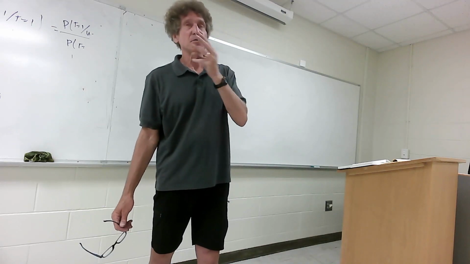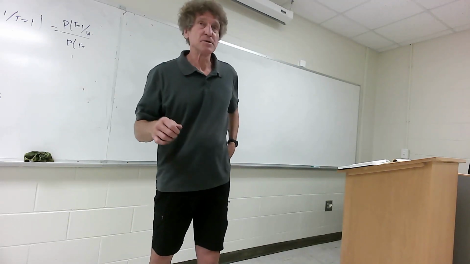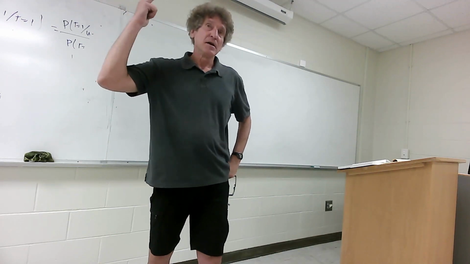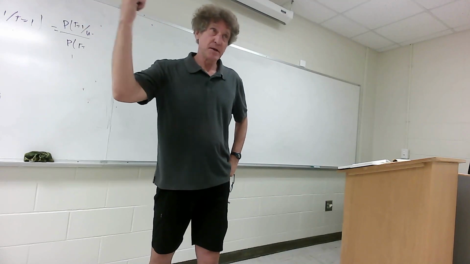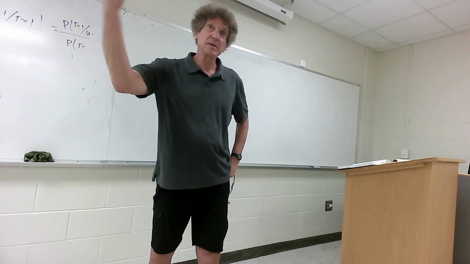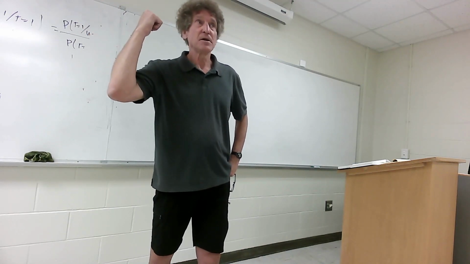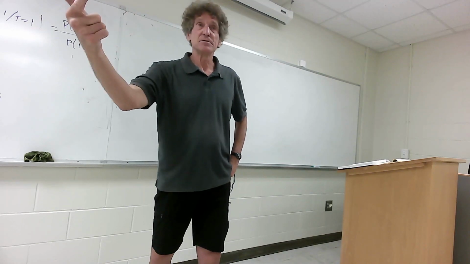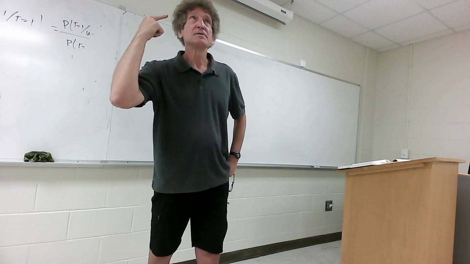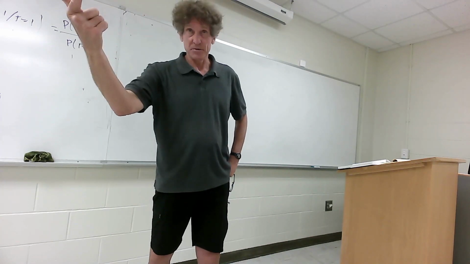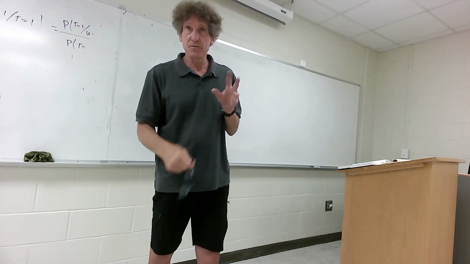There are 4 possible outcomes. You can be a user, and it identifies you as a user. Then you can be a user and it misses you. Then you can not be a user and it identifies you as a user, and you can not be a user and it identifies you as not a user. So you've got 2 correct, 2 false.